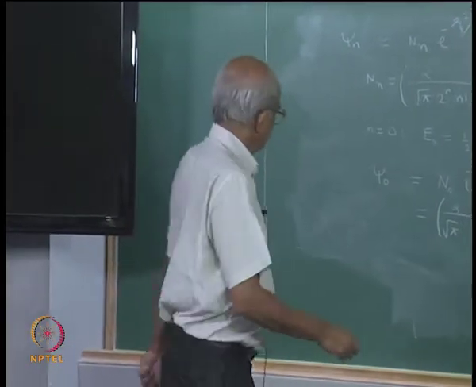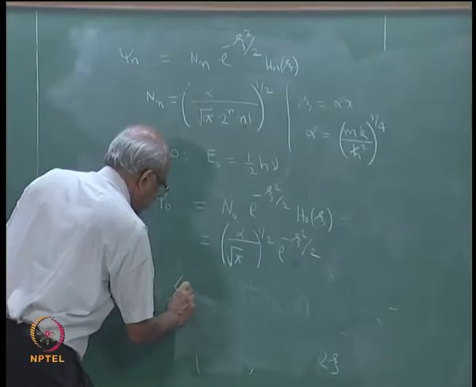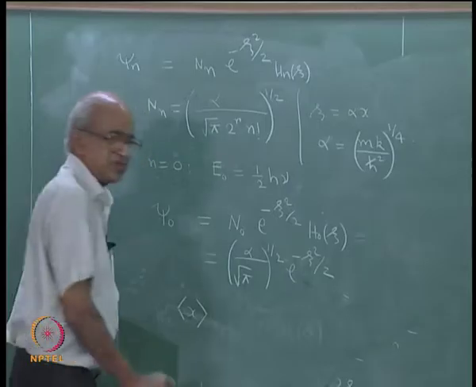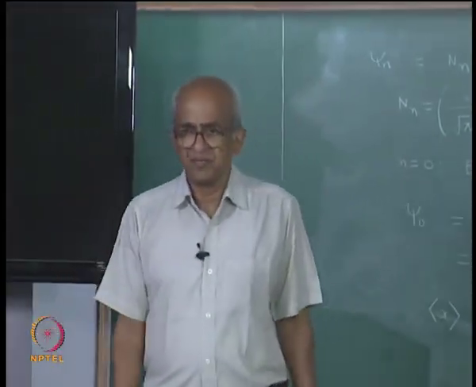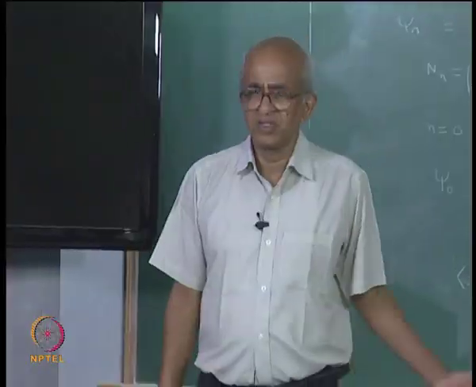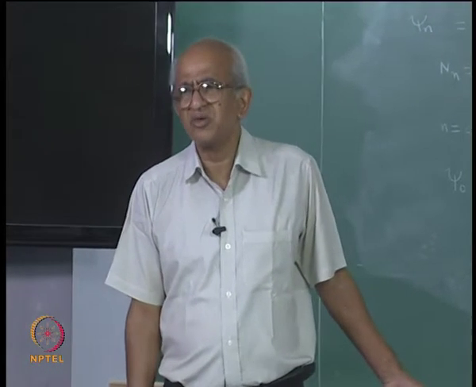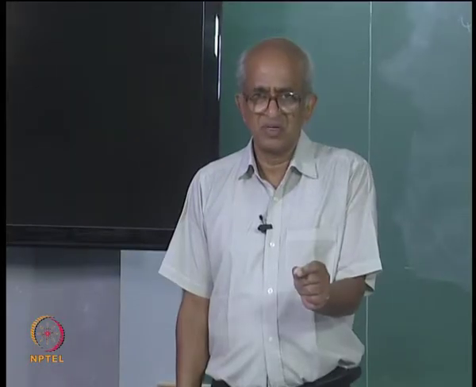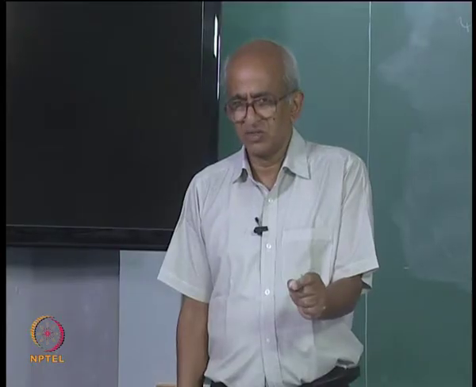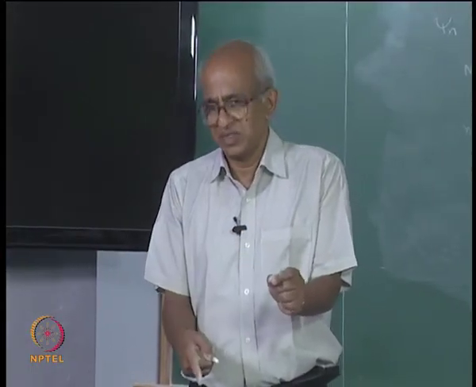Okay. I can actually get that average by calculating the expectation value of x, and what will that be for this particular problem? I am going to calculate it, but is it necessary to calculate it is the question. See, you have the equilibrium position, which is x is equal to 0, and then you have the wave function which is symmetric about the equilibrium position.